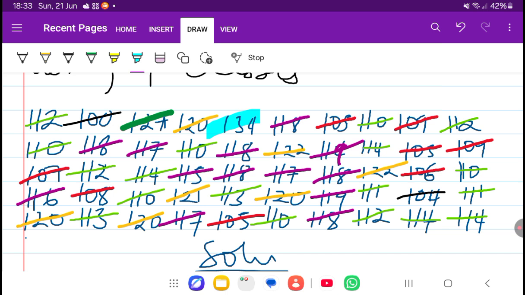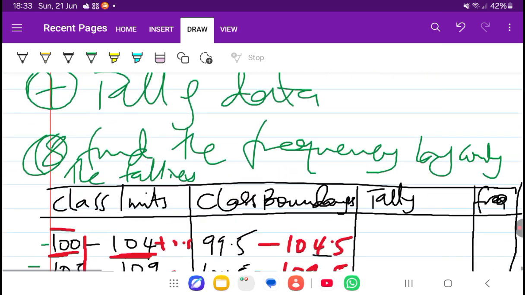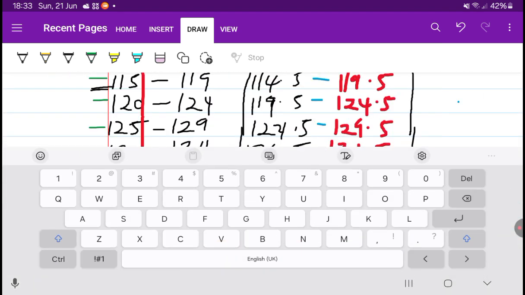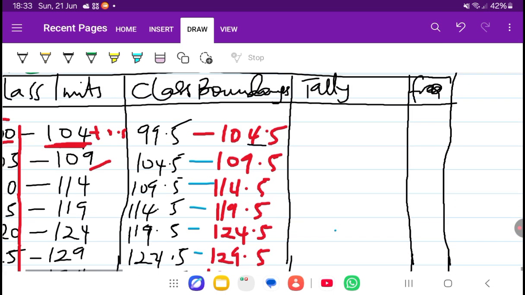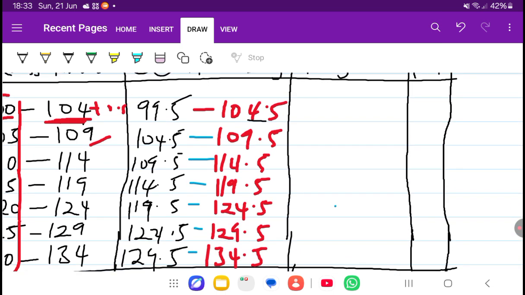So we take these values to the table. So these tallies, the first one had only 2.